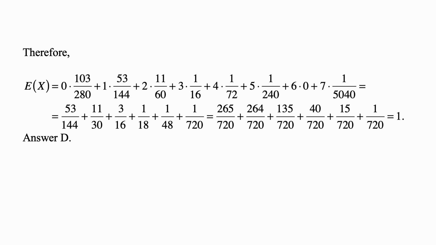And therefore, the expected value of x is 0 times 103 over 280 plus 1 times 53 over 144 plus 2 times 11 over 60 plus 3 times 1 over 16 plus 4 times 1 over 72 plus 5 times 1 over 240 plus 6 times 0 plus 7 times 1 over 5040.